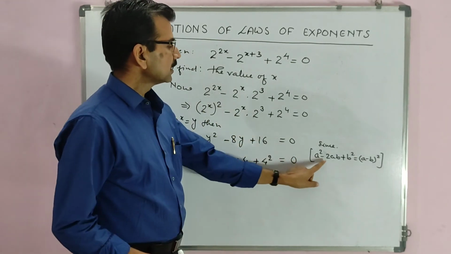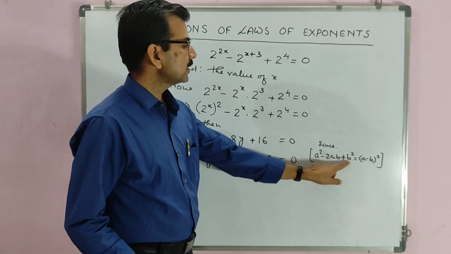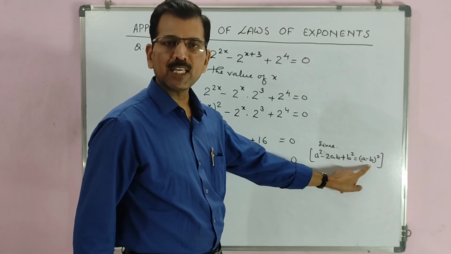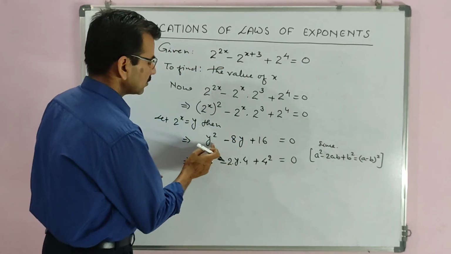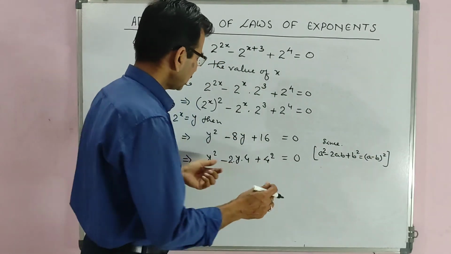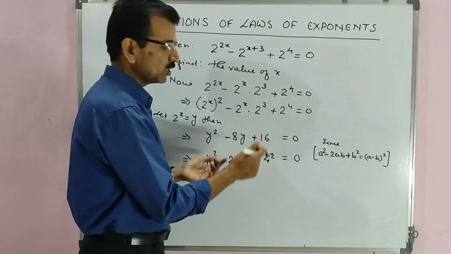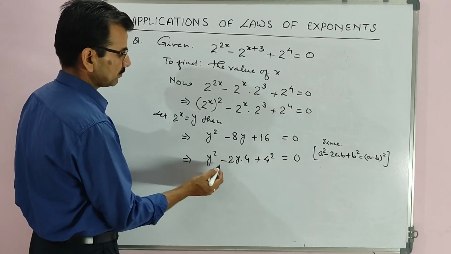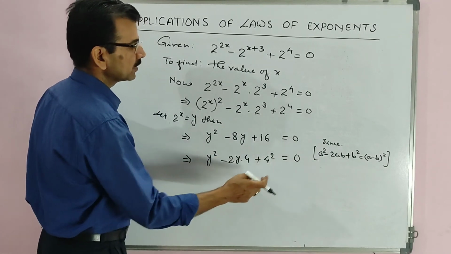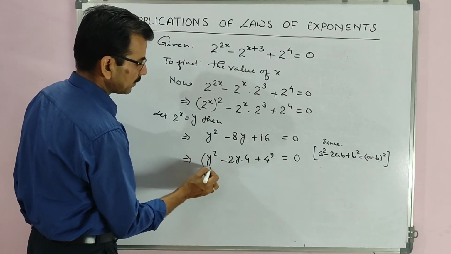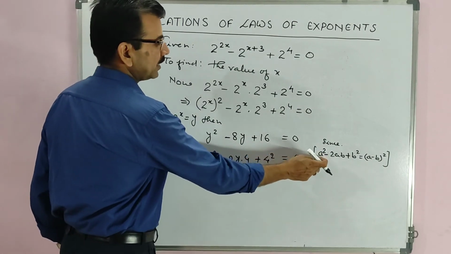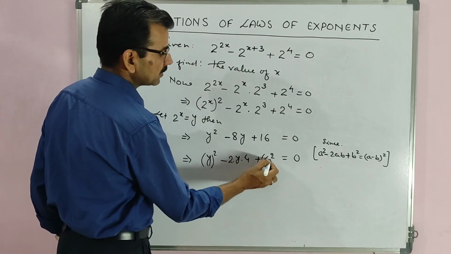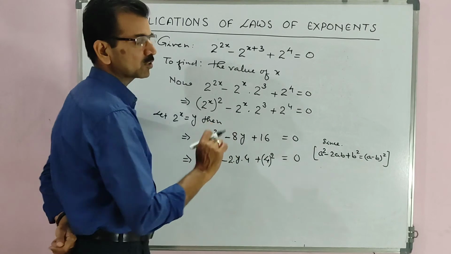Once again I am telling you, if you get this a square minus 2ab plus b square form, we can write in place of that (a minus b) whole square. If you want to make it clearer, we can use brackets for this to show how we get this form: y square is a square, minus 2ab, and b is 4, so b square.